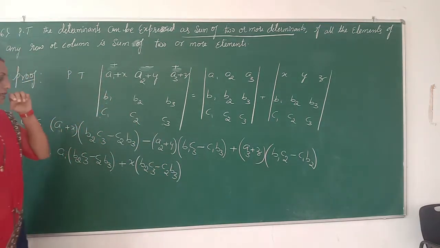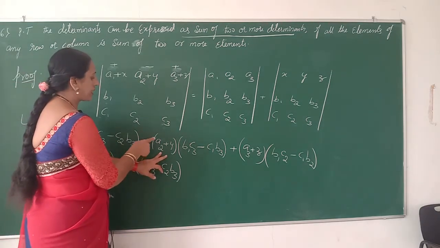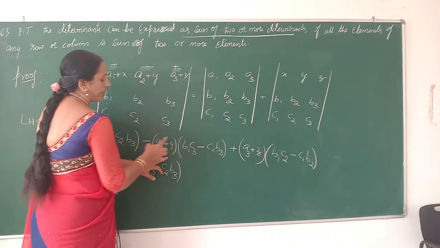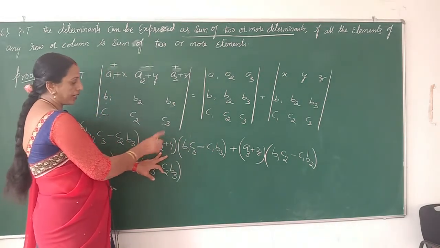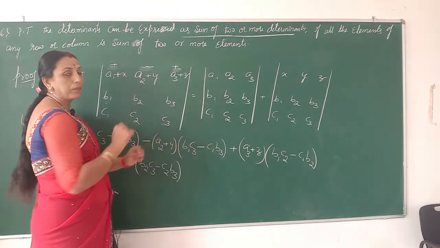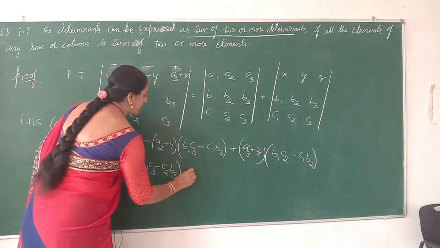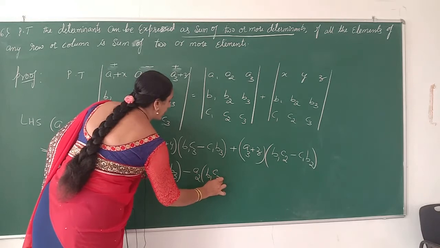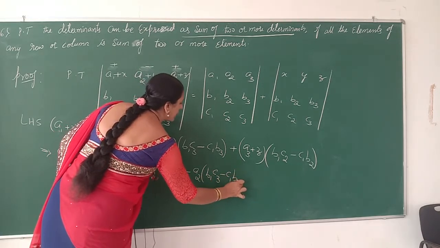Similarly, for the next pair, minus A2 plus Y of, again all elements of that pair are first multiplied with minus A2, and again the same pair is multiplied with minus Y, that is minus A2 of B1C3 minus C1B3.